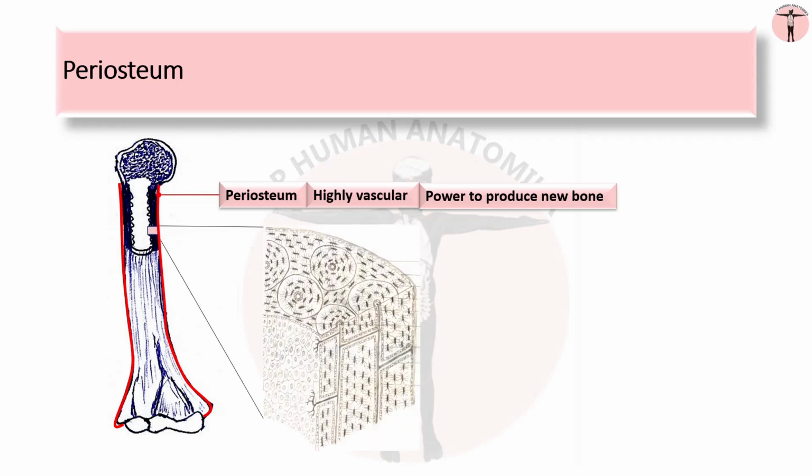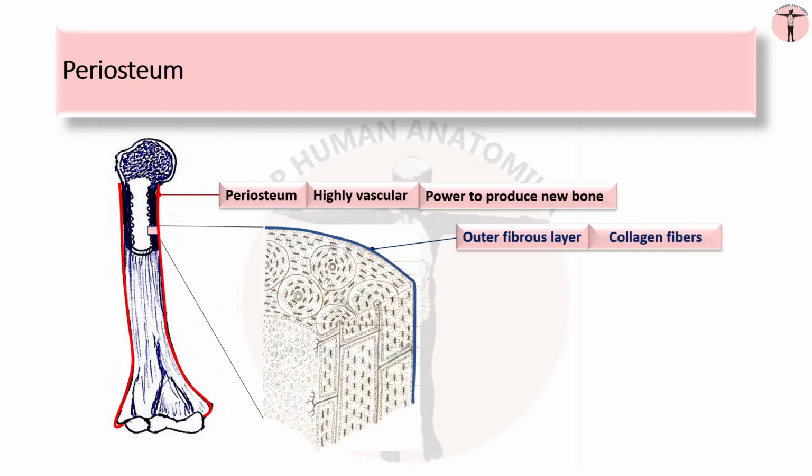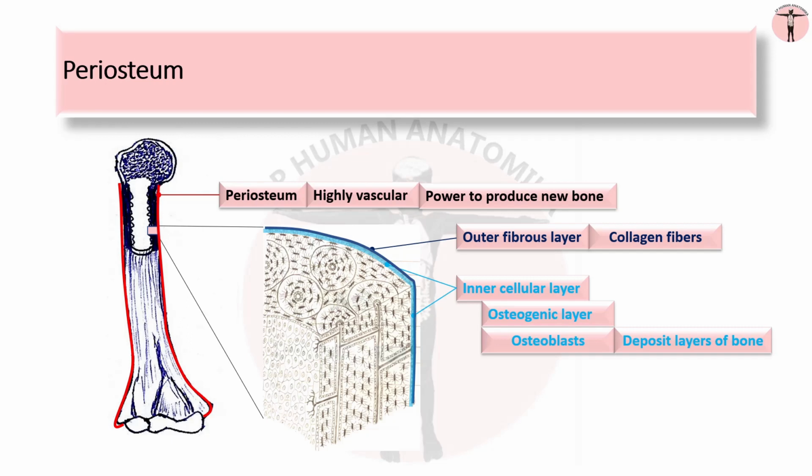When we take a section of the bone and observe it under the microscope, the periosteum consists of two layers: an outer fibrous layer, which is composed of collagen fibers arranged parallel to the surface of the bone, and an inner cellular and vascular layer known as the osteogenic layer. It contains osteoblasts, which deposit layers of bone on the outer surface of the young bones.